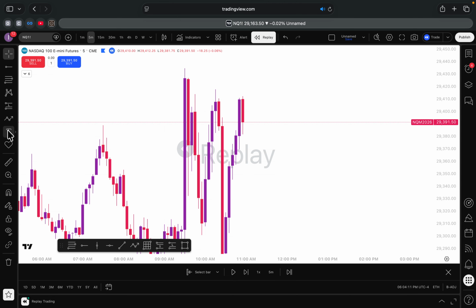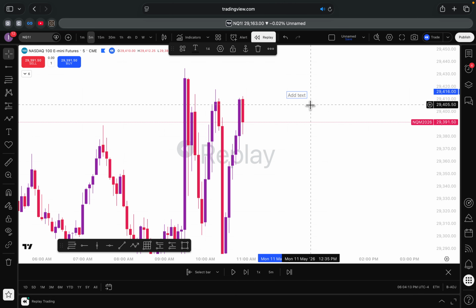Now, one thing I know about ICT concepts is price has to go lower before going higher.